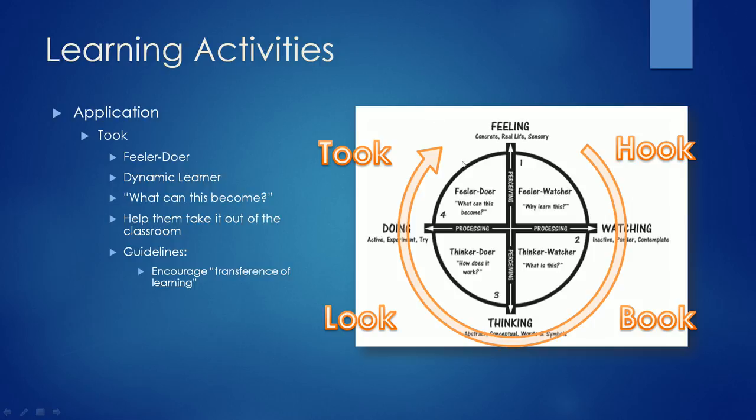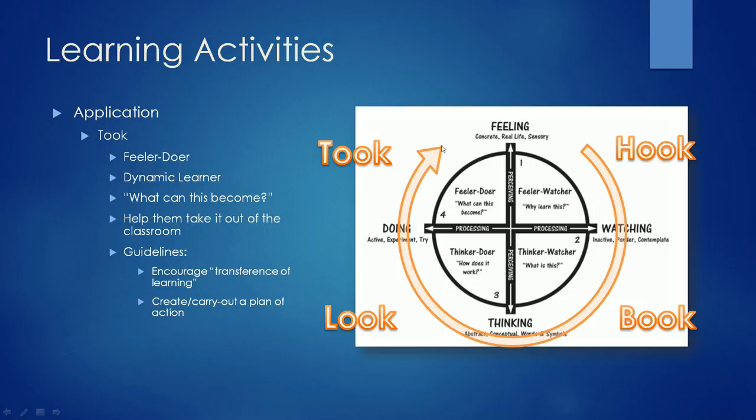Now, of course, in the church, what we do is we help them take that learning out there and apply it to their lives in terms of character, in terms of Christ-likeness, and you encourage that. One way they do this is they create and carry out a plan of action. So the project, the plan of action that they might have created down here as a thinker-doer, now they carry it out over here as the feeler-doer.